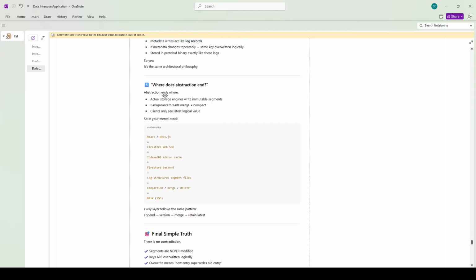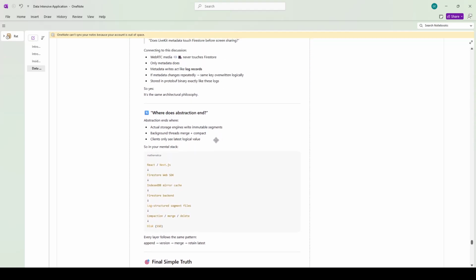Where does abstraction end? Abstraction ends where actual storage engines write immutable segments and background threads merge plus compact. Clients only see the latest logical value.